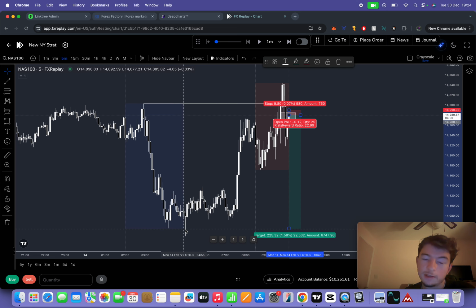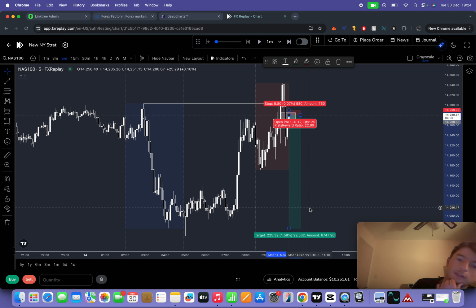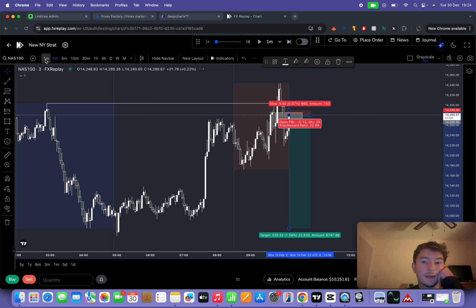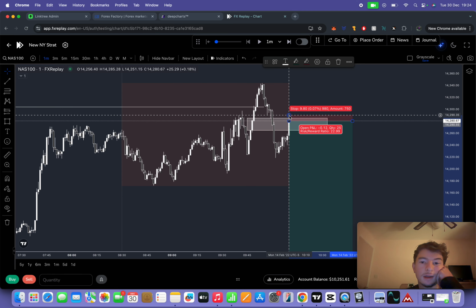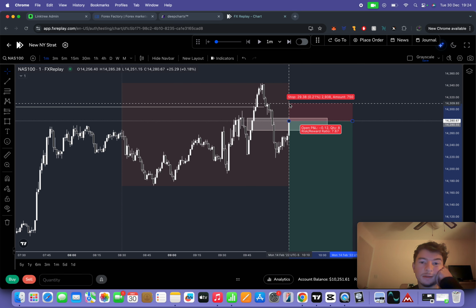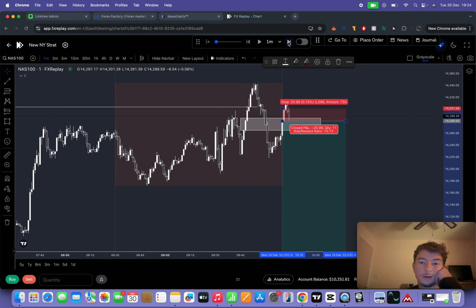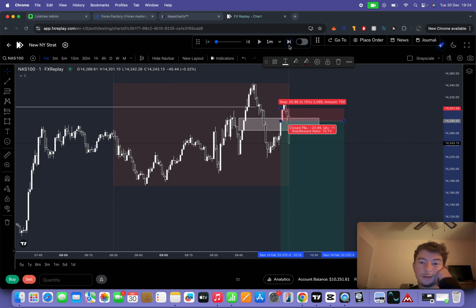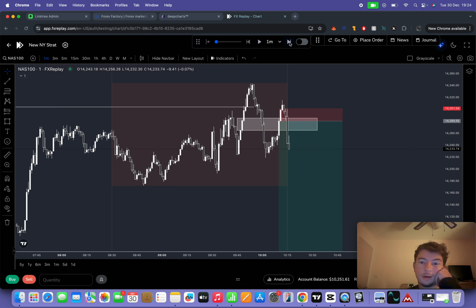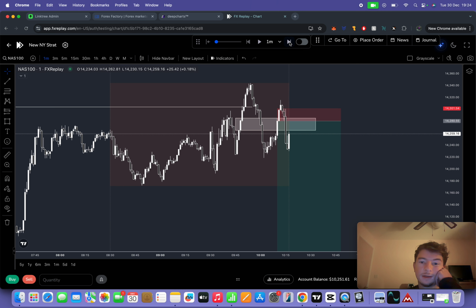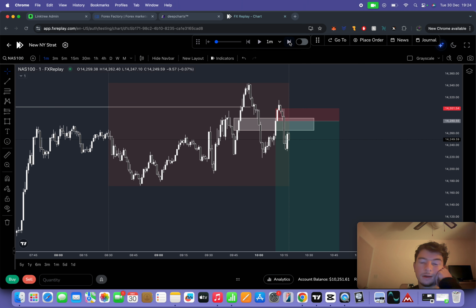Although that sweep there, that's kind of a spanner in the works, if we're being honest. Maybe give it a bit more room, because that's a 22. Okay, right, now it's looking a bit better, giving it a bit more time. Pull back into this. Close below.